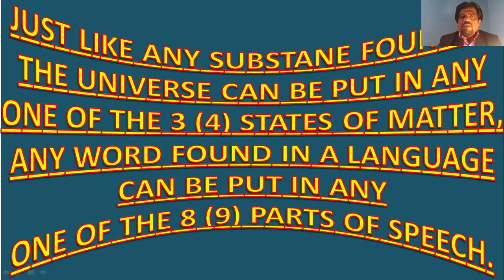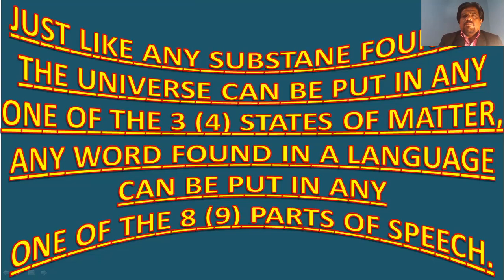In the same way, any word we find in a language can be put in any one of the 8 parts of speech. Earlier it was 8, now it is supposed to be 9. Now let us see what they are one after another.